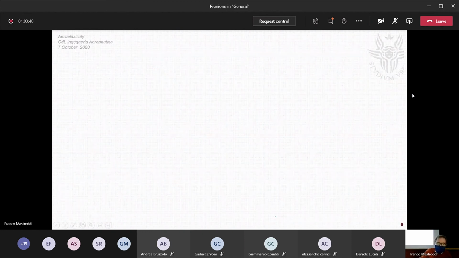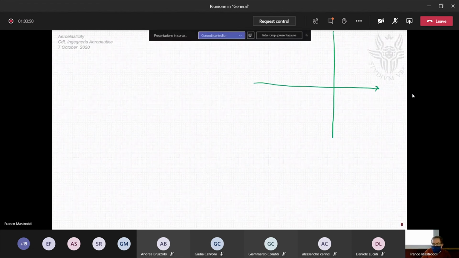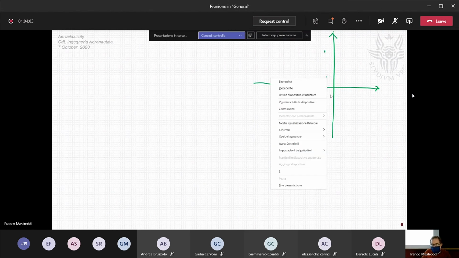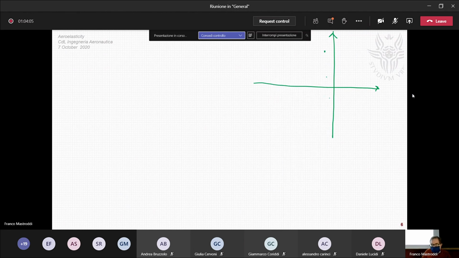And this means that at the beginning of the story, here in our complex plane, we have two roots with a negative real part, one here and the other here, and one here, and another here.